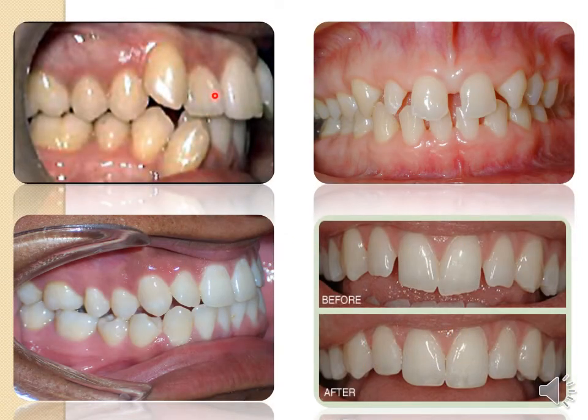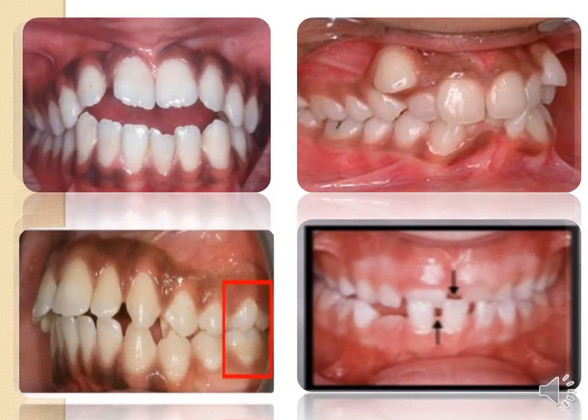You can see here, it can present with crowding, spacing, a cross bite, rotation, open bite, deep bite, anterior cross bite, or bimaxillary protrusion. We can notice that in all of these cases we have a Class 1 malocclusion, but we have individual teeth malpositioning.